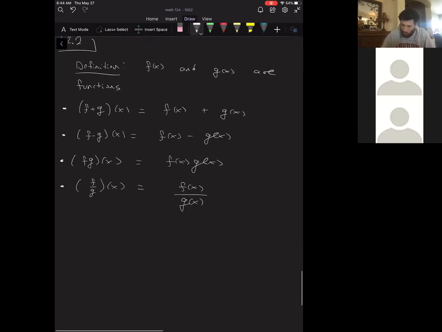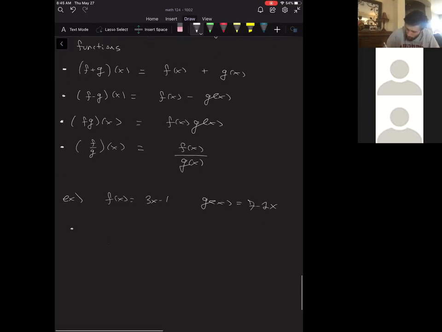So let's do an example. Let's say f of x is equal to 3x minus 1, and g of x is equal to 7 minus 2x. And so let's find a couple of things. Let's find f plus g of 0.